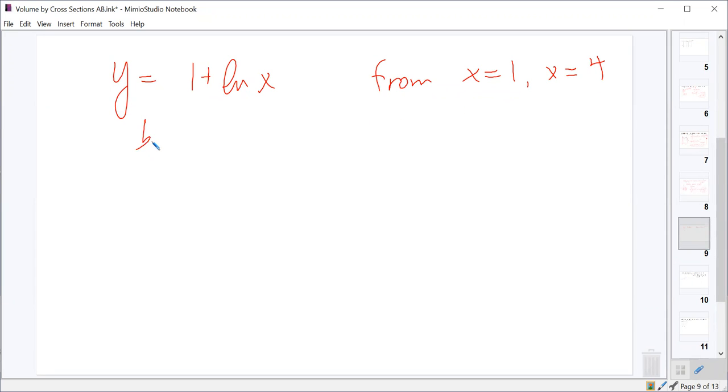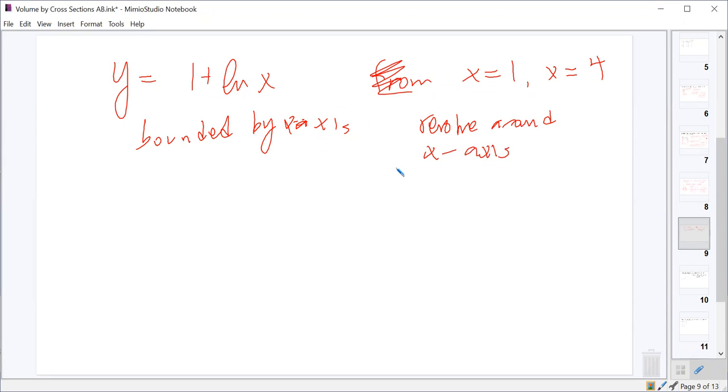And it's also going to be bounded on the bottom by the x-axis. So this region between y equals 1 plus ln x, the x-axis, x equals 1 and x equals 4, and we're going to revolve it around the x-axis.